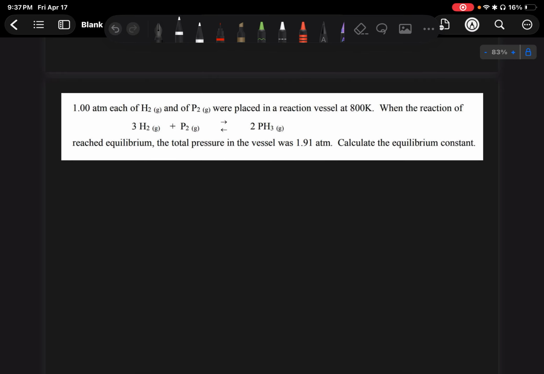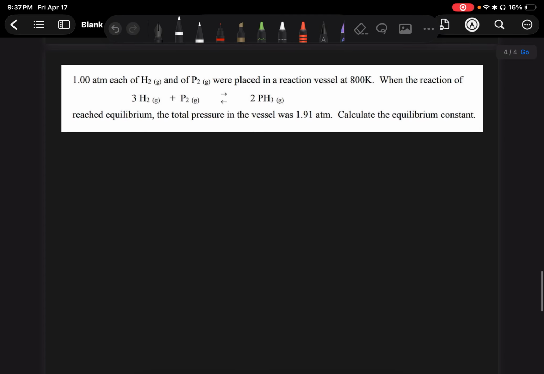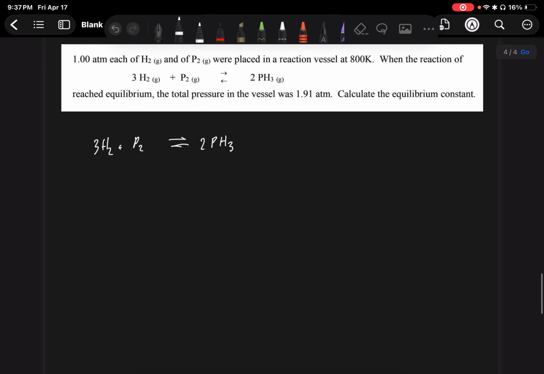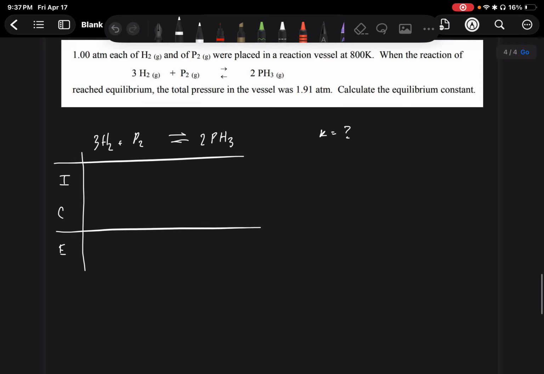Calculate the equilibrium constant. Okay, this is basically the exact same question, but we're doing it backwards now. Basically, okay, so let's just do this now. 3H2 plus P2. Okay, K equals question mark. Okay.